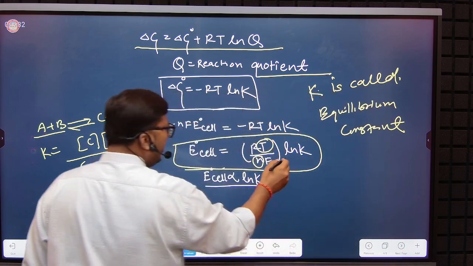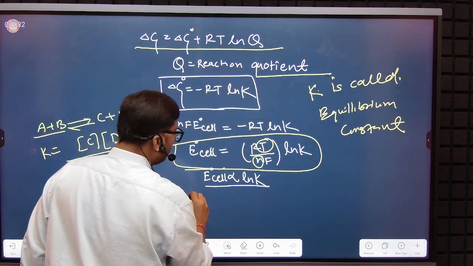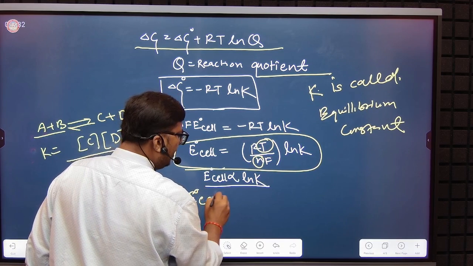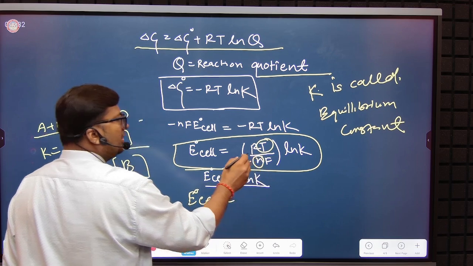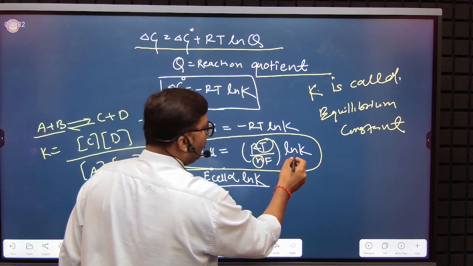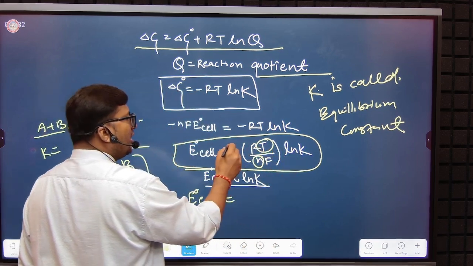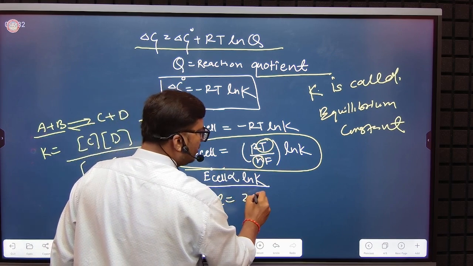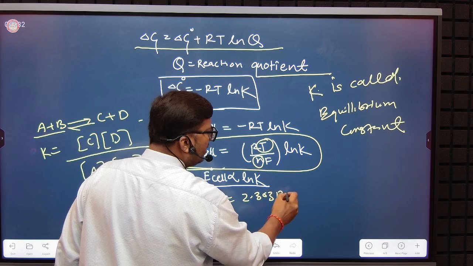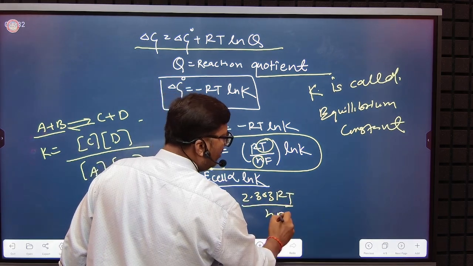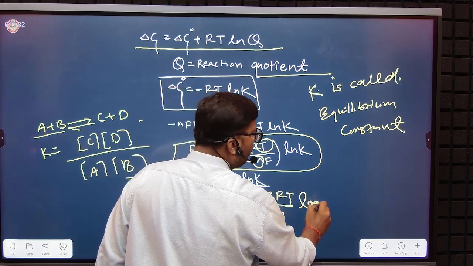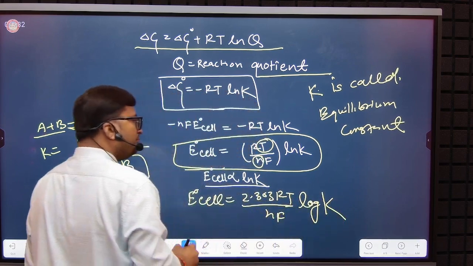Now this ln can be converted into log also. So E0 cell is equal to, if this ln is converted into log, we have to multiply by 2.303, so 2.303 RT upon nF log K, right?